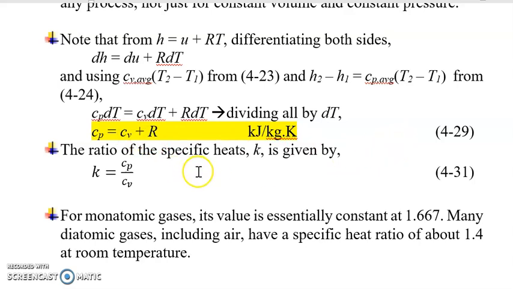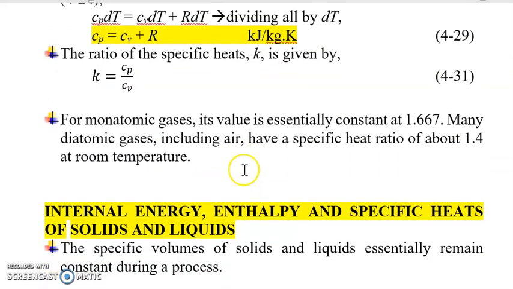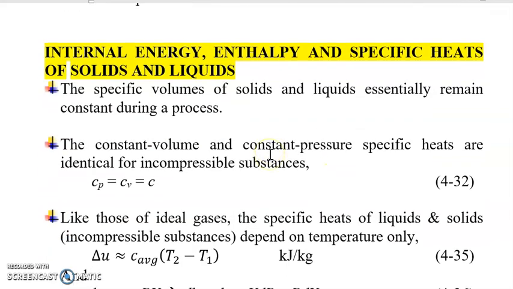Then there's the ratio of specific heats, K, given by 431. Some books define K as gamma instead. For monatomic gases, K is essentially constant at 1.667. Many diatomic gases, including air, have a specific heat ratio of about 1.4 at room temperature.